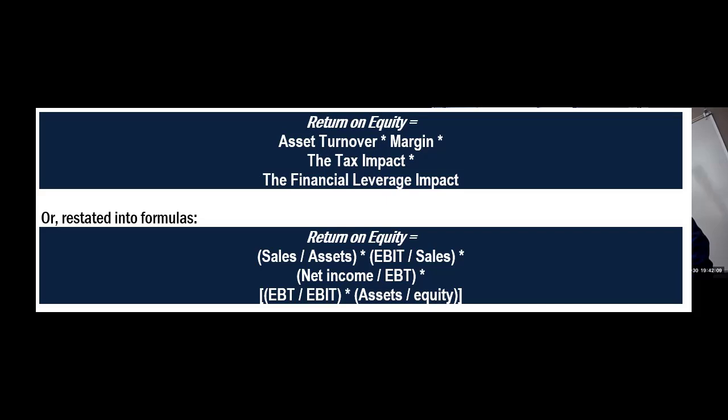For most firms, as they add debt, the leverage part has more impact than the interest impact, and ROE goes up. Remember, ROE rises as long as the return on assets is greater than the cost of debt. So as long as your cost of debt is lower than your return on assets, then more debt is going to increase your ROE. Is that a good thing?